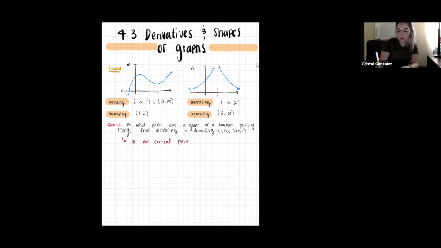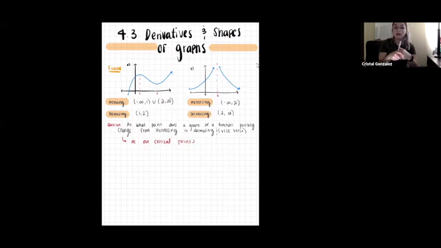So yeah, for sure, critical points as we defined them in 4.1 were points where our derivative is set equal to 0, but our critical points also can happen from things that are undefined, and that's something you really need to keep in mind when you're looking at graphs or functions in general, okay?